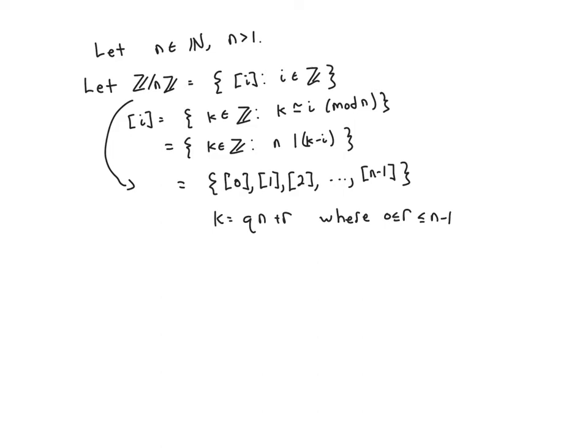But by our definition, that means that k is congruent to r mod n. Right? Because this quotient times n is just a multiple of n. So k minus r is a multiple of n, so k is congruent to r mod n. So in particular, every integer is congruent to one of these possible remainders. And so this is a complete set of equivalence classes.